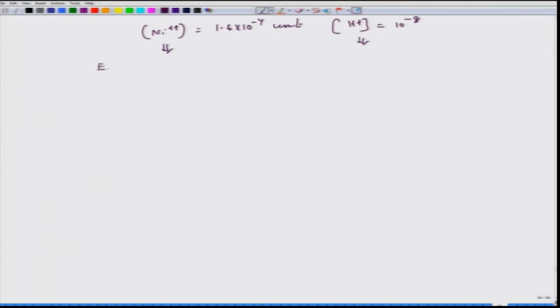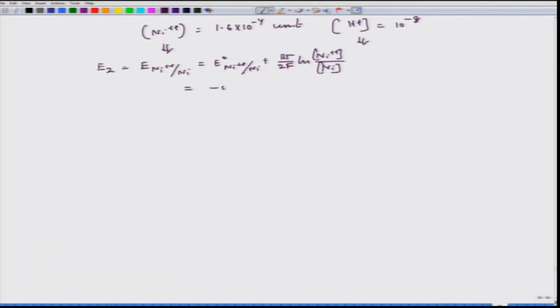So, E2 equal to nothing but E Ni plus plus Ni equal to E0 Ni plus plus Ni plus RT by 2F, since 2 electrons are involved for this reduction reaction, ln of Ni plus plus ion concentration, which is the oxidant, and nickel concentration, which is the nickel metal.